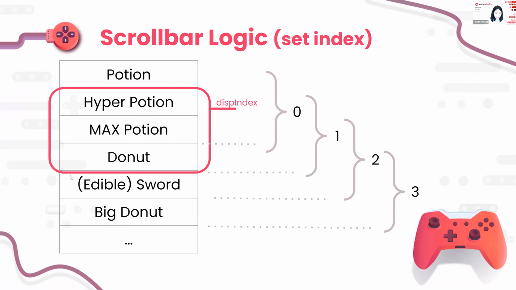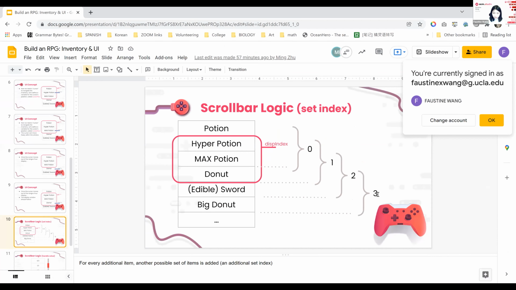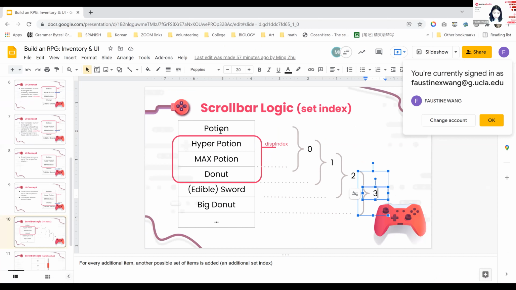And so the list size is 6, and the number of items in one set is 3. So what you can do is subtract 3 from the list size to get the biggest possible index, which is 3. So we have 6 items minus 3 equals 3.